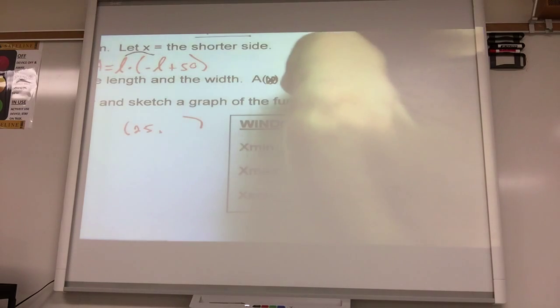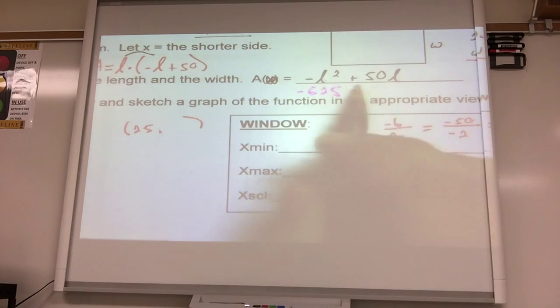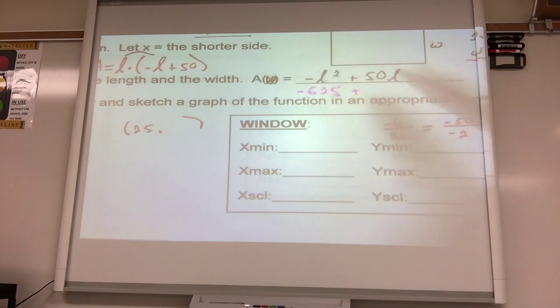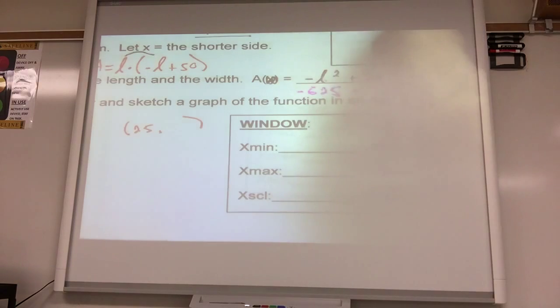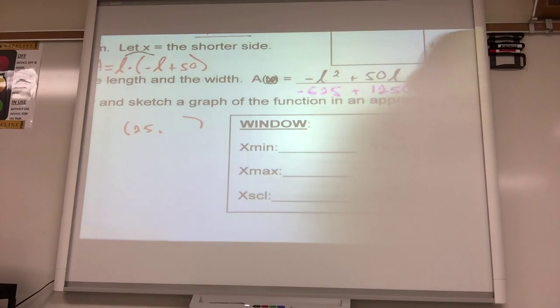So this is going to be negative 625 plus 50 times 25. That's 1,000. Oh boy, let's see if I can do this in my head. I feel like that's 1,250.